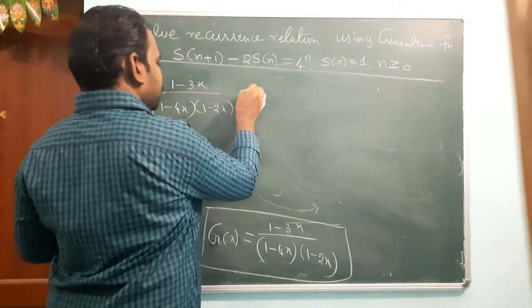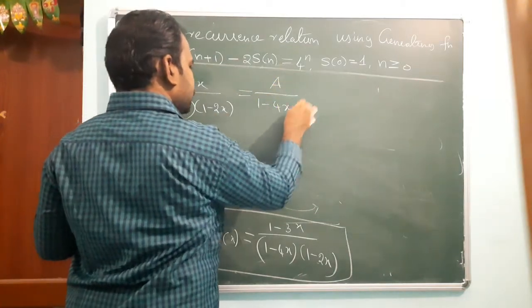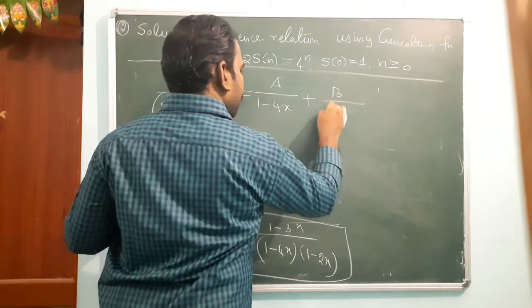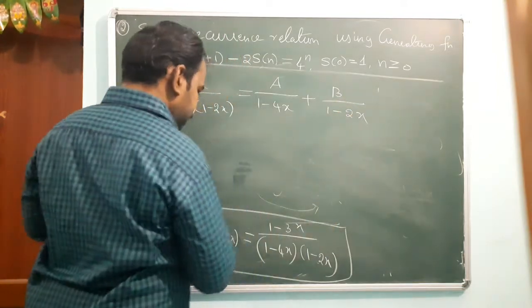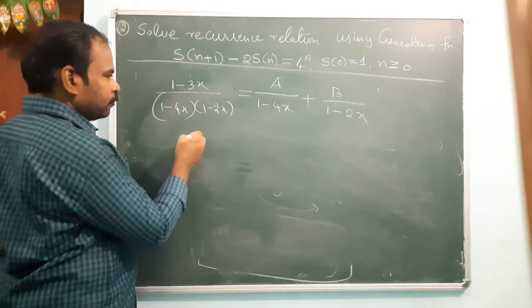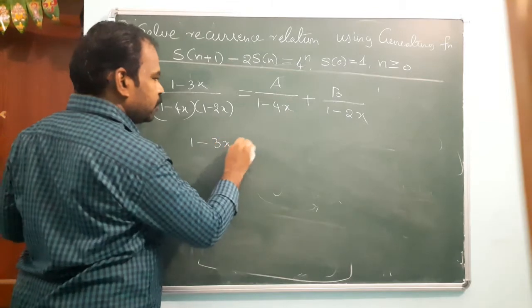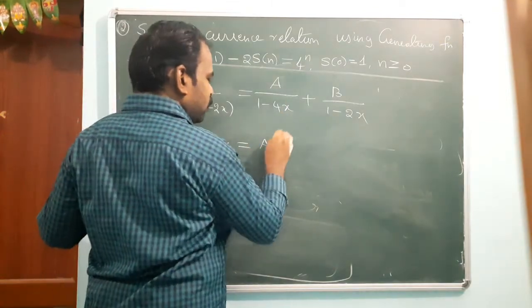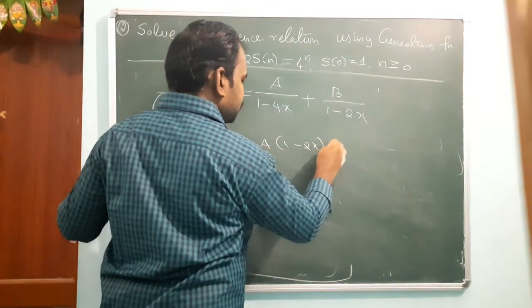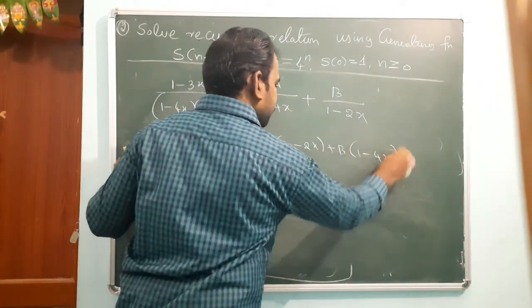What is the partial fraction? A by 1 minus 4x plus B by 1 minus 2x. Then taking LCM, we get 1 minus 3x equal to A times (1 minus 2x) plus B times (1 minus 4x).